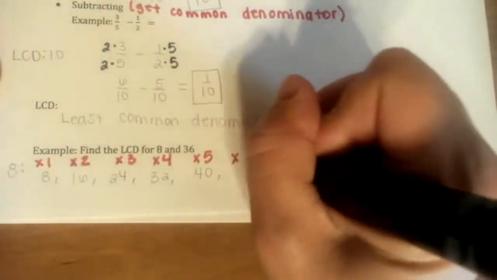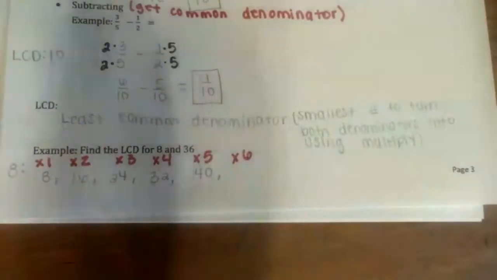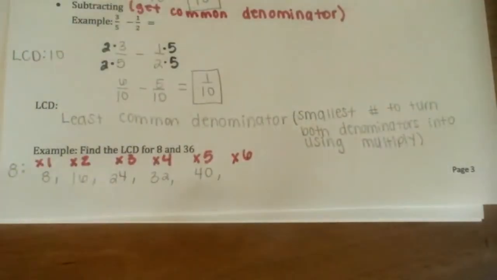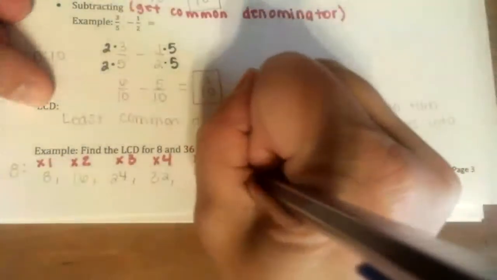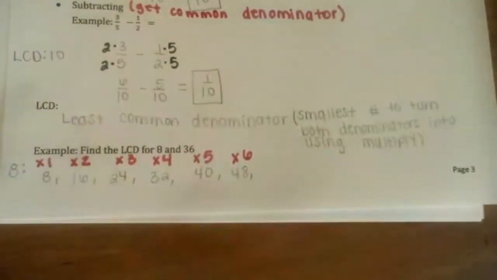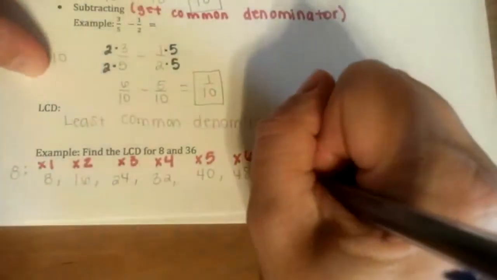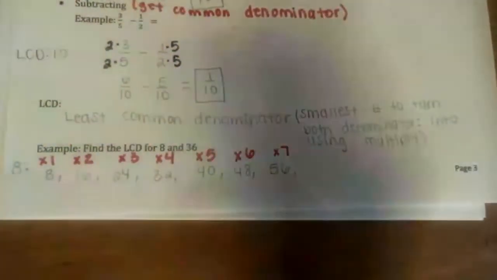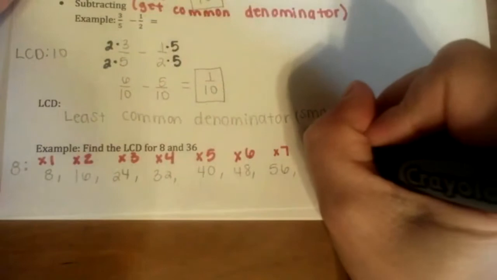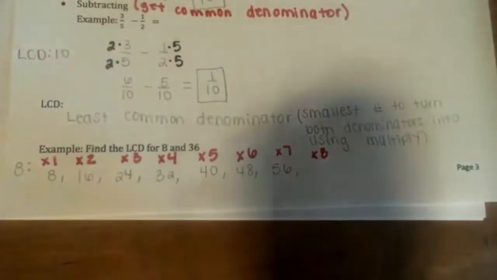I can multiply by some number to give us this option. So 8 times 6 would give us 48. We could do 8 times 7 to give us 56. We can do 8 times 8 to give us 64.